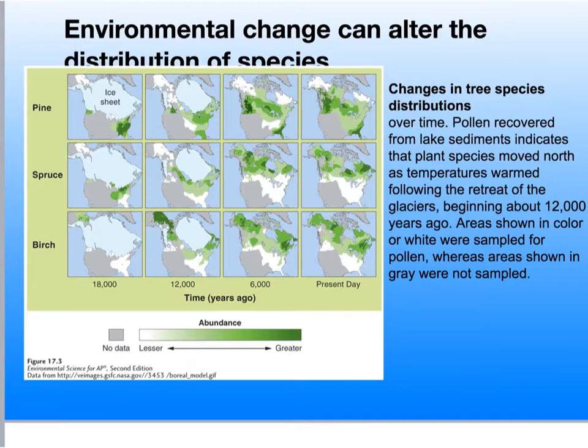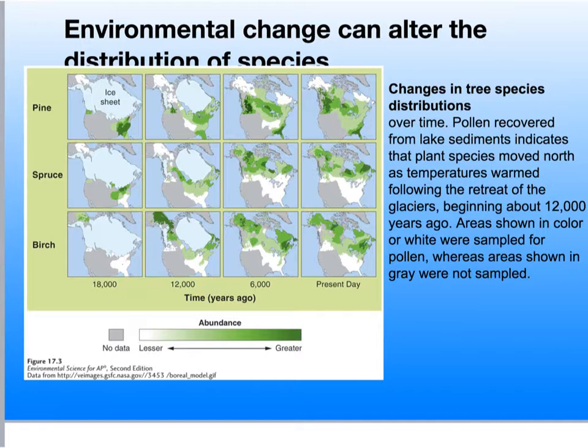It indicated that plant species moved north as temperatures warmed following the retreat of glaciers. Beginning about 12,000 years ago, the retreat of these glaciers started to happen. The areas shown in color or in white were sampled for pollen. The areas shown in gray were not sampled.